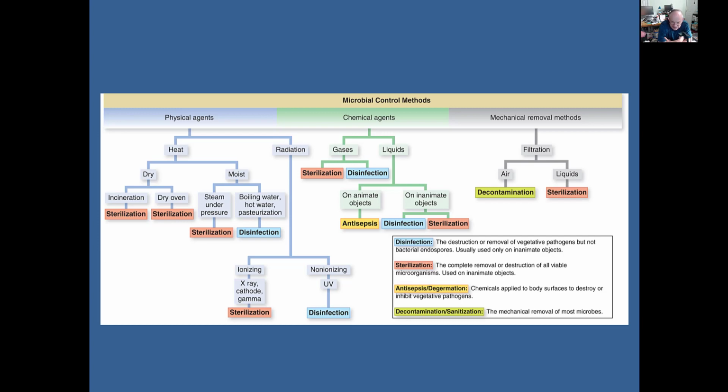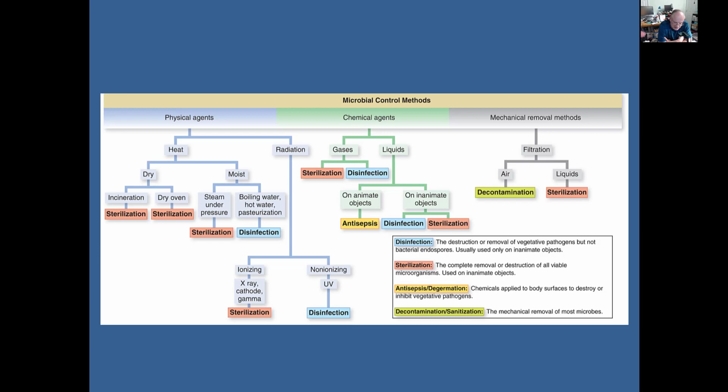A lot of times they use dry sterilization techniques for various things, and then they also use autoclaves or moist types of steam under pressure, boiling water, things like that. Now, in other food industries, you may look into pasteurization and just using hot water for various disinfection needs.